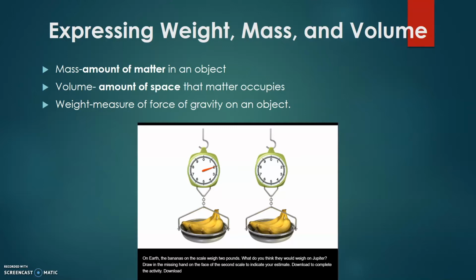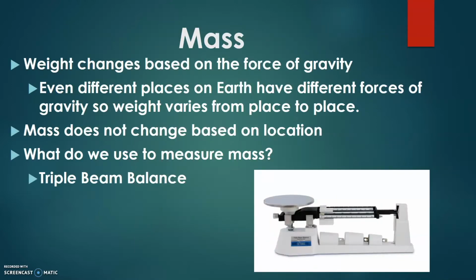If we go to the next slide real quick, it says weight changes based on the force of gravity. You could weigh something different here in Illinois than somewhere else on Earth, because everywhere there are different forces of gravity depending on where you are, whether you're in California or in Europe. It varies a little bit. It also varies a lot on different planets.